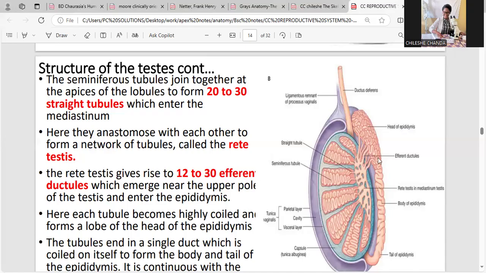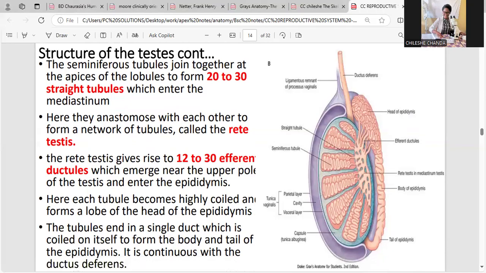They're going to curl up and curl up and form the head of the epididymis, and along the way, they're going to join together and form one very coiled tube, which is going to be the body of the epididymis. It is so coiled that when you hold it in your hand, it will be like you're holding one solid thing.